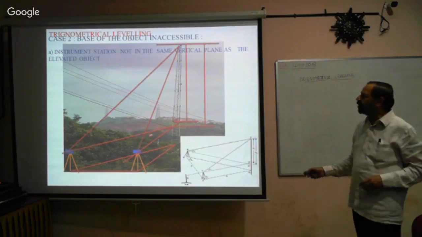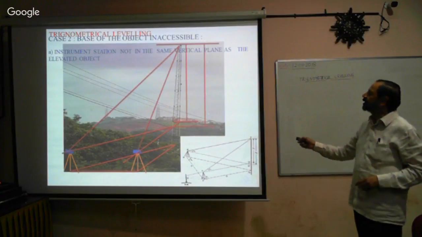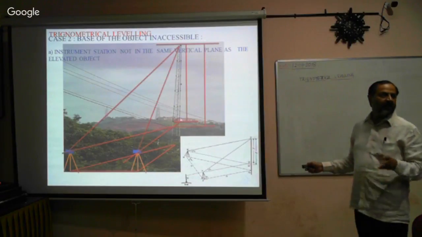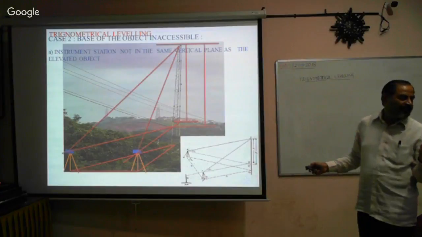dt is equal to d2 calculated, and h2 is equal to d2 tan alpha 2. Isn't it? Simple problem.